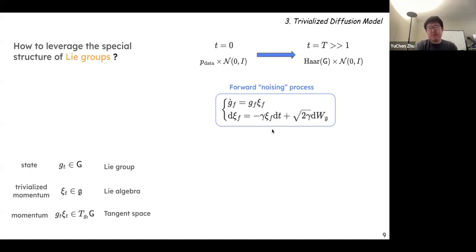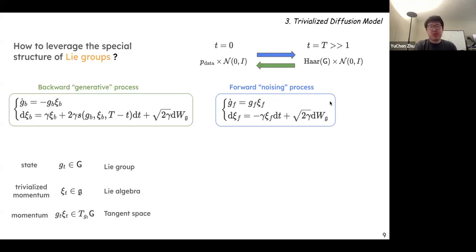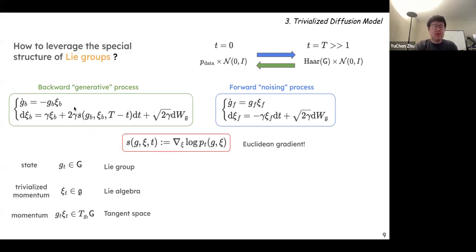One of the amazing benefits is that if we use this as the forward process, as we said before, and derive its backward generative process that starts from the Haar measure times the standard Gaussian and maps it back to the data distribution times the standard normal, we'll see that the only extra term that pops out shows up in the dynamics for ξ.